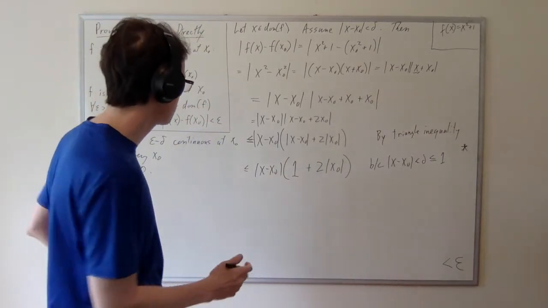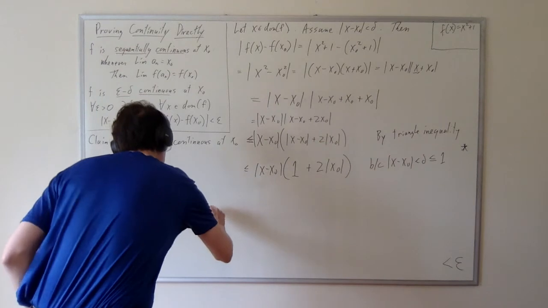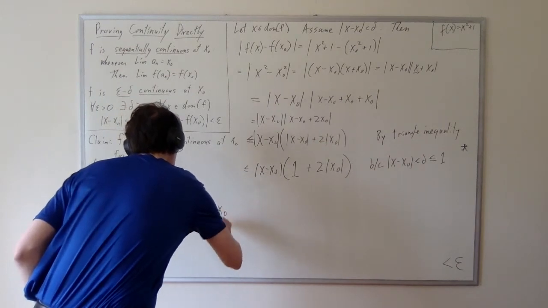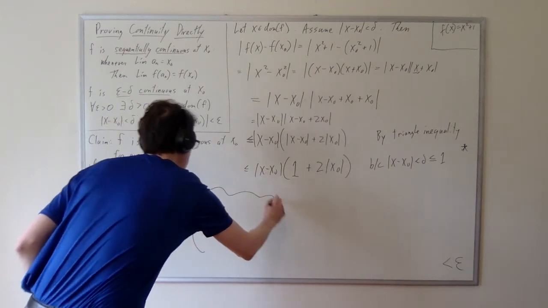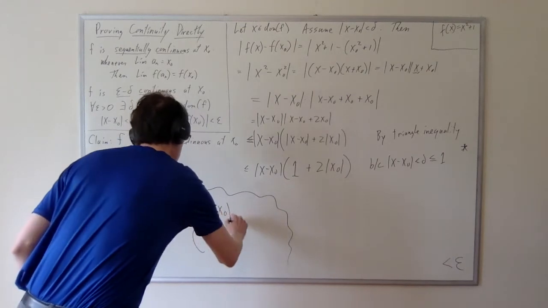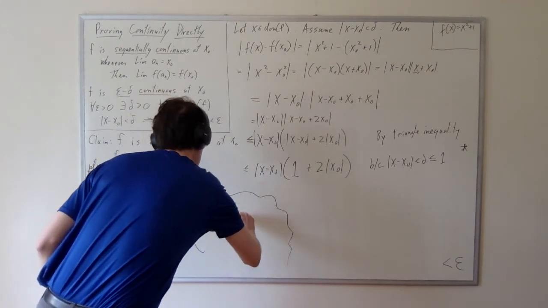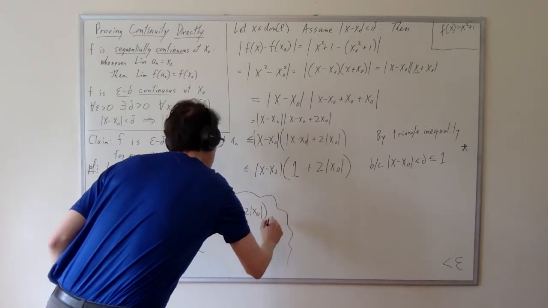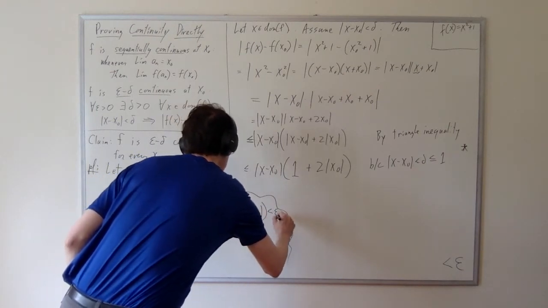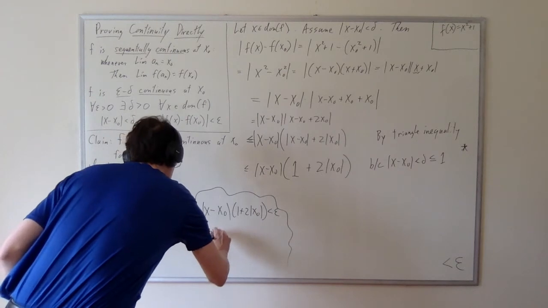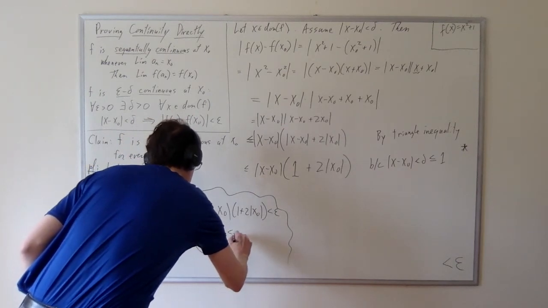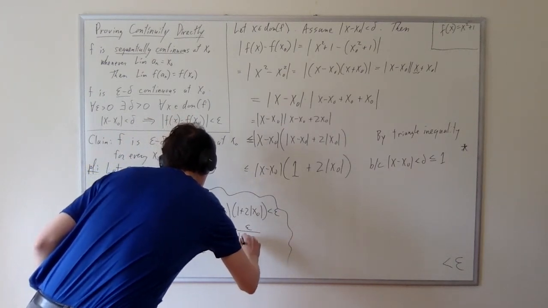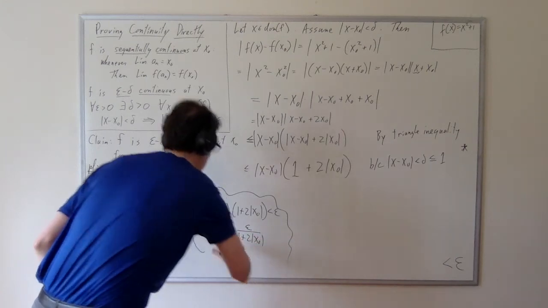So finally here, I'm going to switch to some scratch work, and it's going to be fairly obvious. Let's bubble out some scratch work and distinguish it from the actual proof. I'm going to say this thing times 1 plus 2 absolute x naught is less than epsilon, and then I'm going to divide both sides by the obvious thing, and that's going to be epsilon over 1 plus 2 absolute x naught, and that was easy.